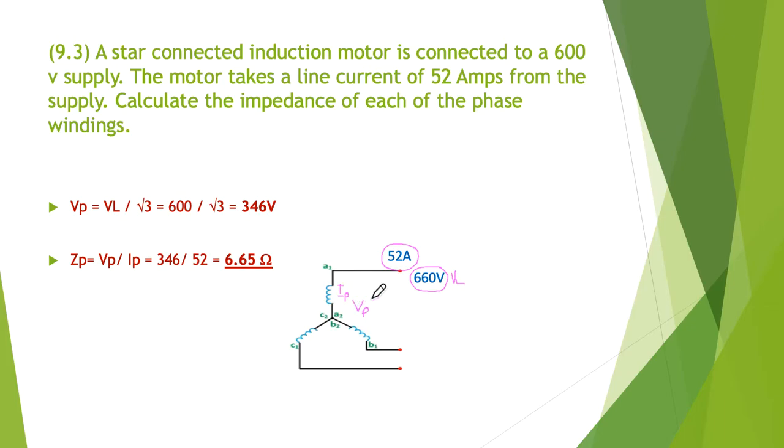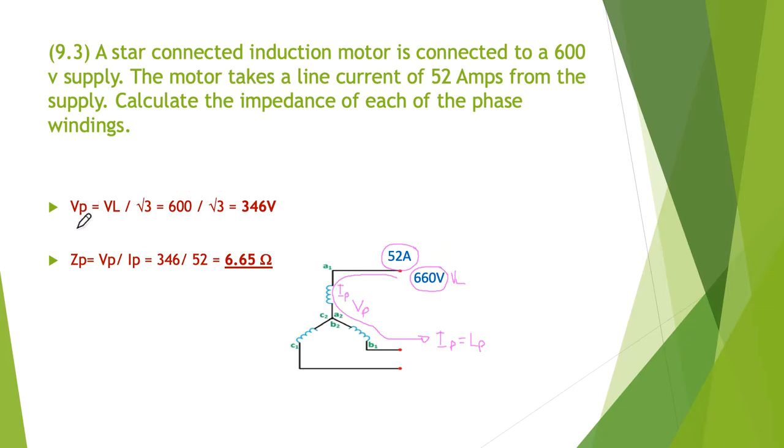Now we already have I phase because in a star connected system the windings are in series, so the I phase and the I line are the same. So the 52 is both the I line and the I phase. But we're going to need the volts phase, so that's what we're going to do here.